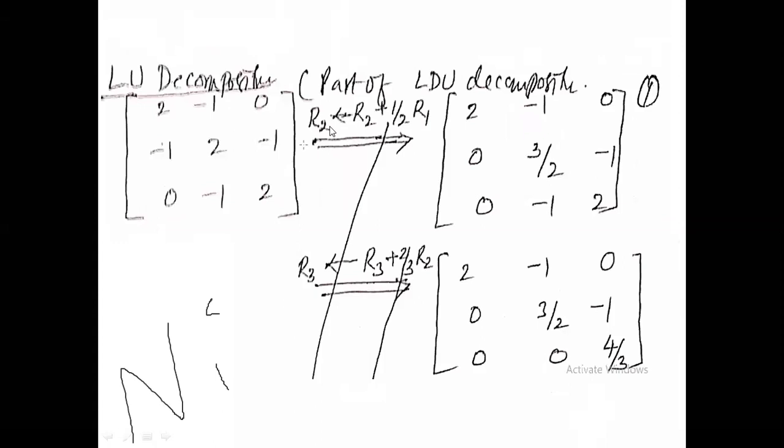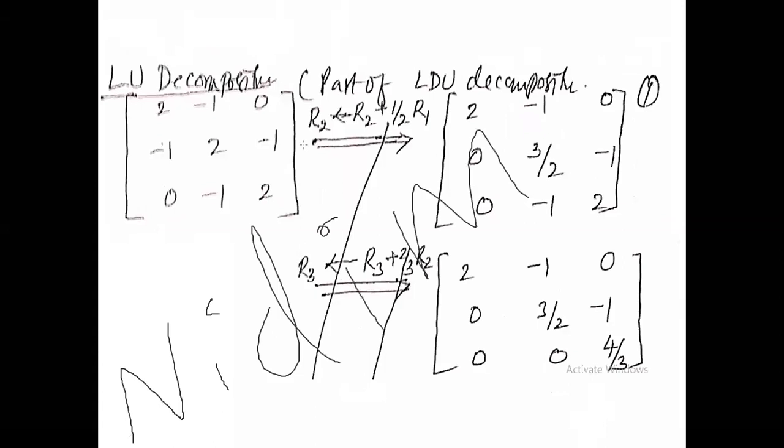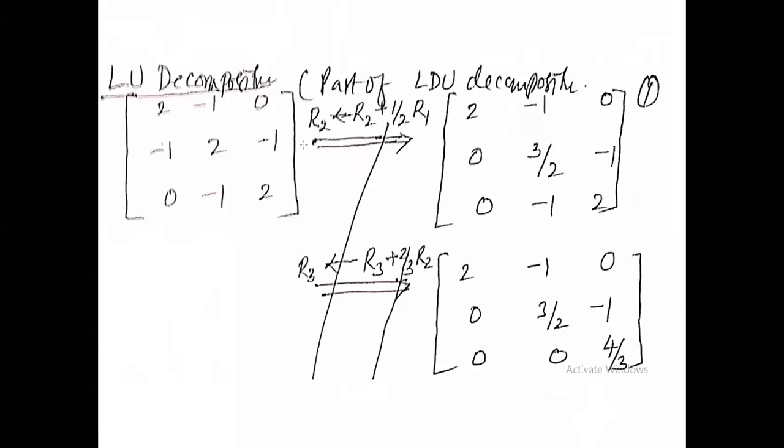So the first operation that we did was R2 equal to R2 plus half R1. Right? So this was an operation which was done on row 2.